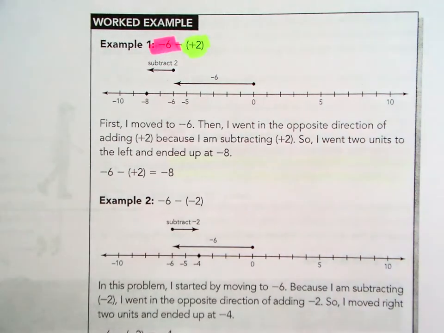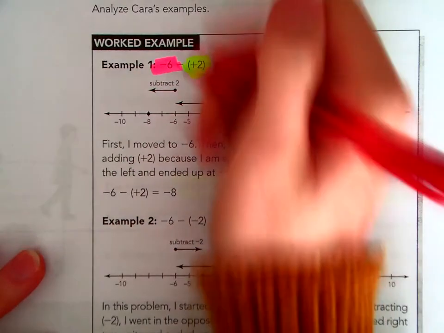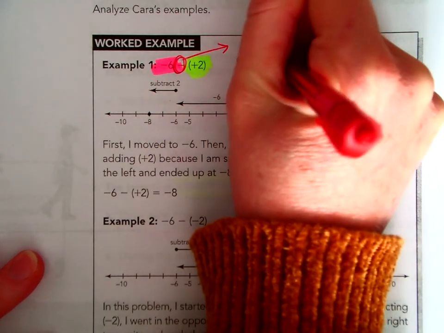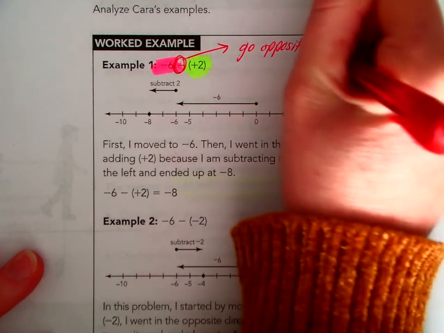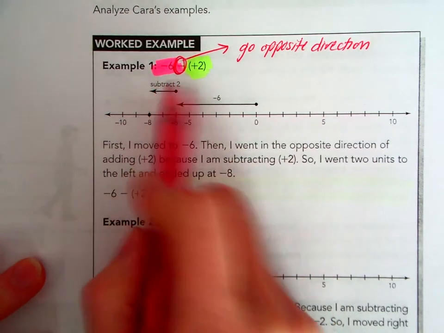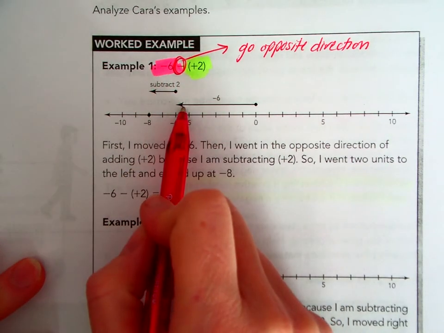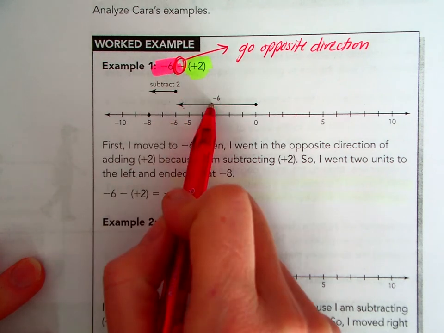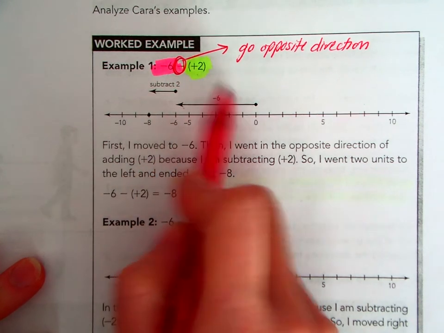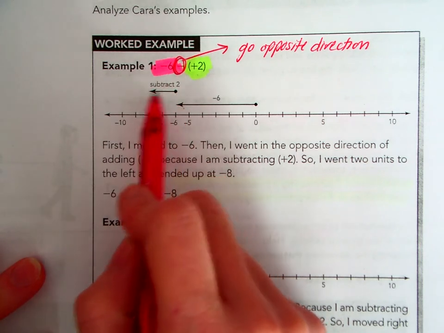And we talked about how the subtraction really meant to go the opposite direction. So normally I would go left 6 for the first term, which is correct. And then it says go the opposite of +2. +2 would go right. I'm going to go the opposite of right, therefore I'm going to go left.